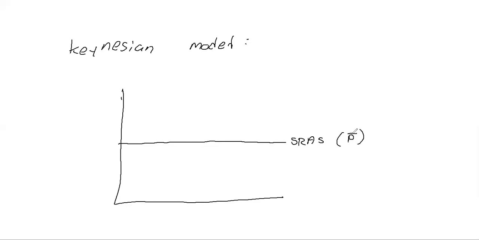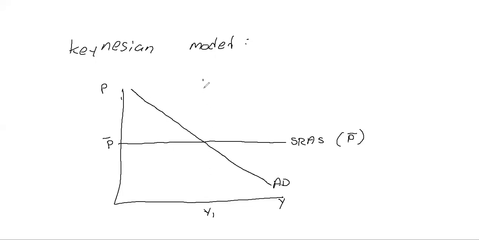The bar means it's held constant. So I will generally write it as P bar. The y-axis is price, so P bar over here. The x-axis is output. We then see our aggregate demand sloping downward, and this creates an equilibrium at P bar and Y1.